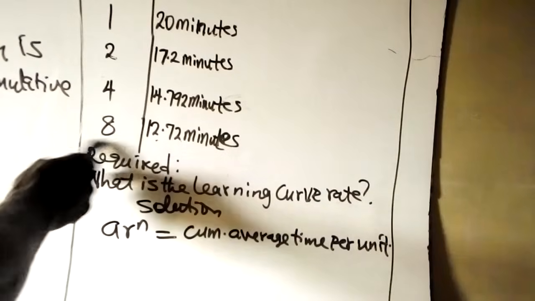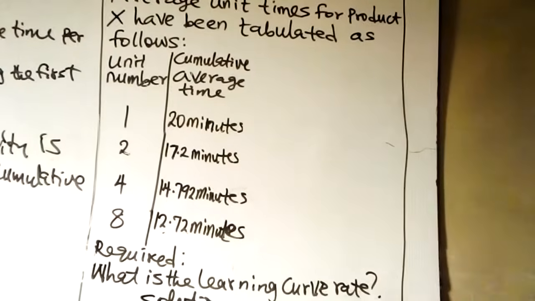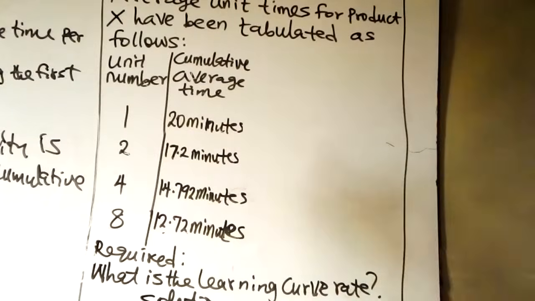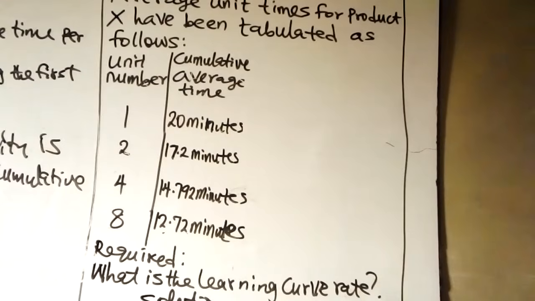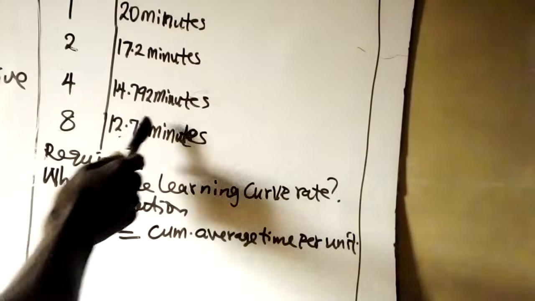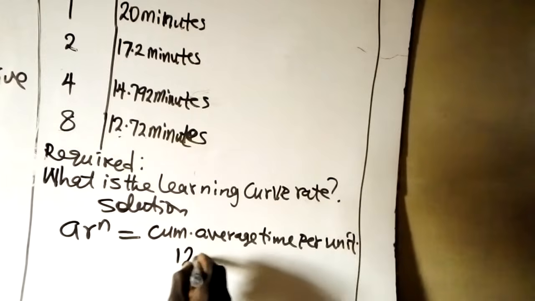At the top of the question, you have been told that this is cumulative average time, that is, the average time for a unit. So since it is cumulative average time, that means you have been given the cumulative average time to be 12.72.